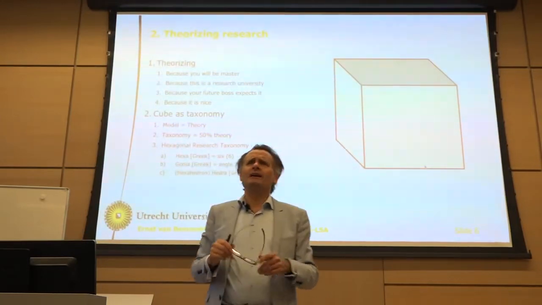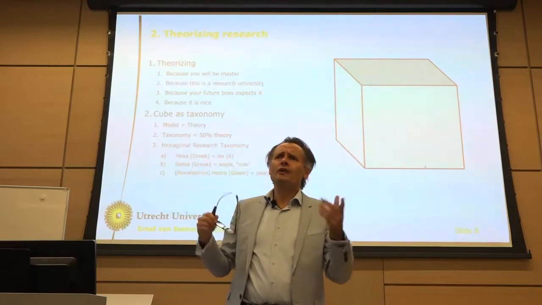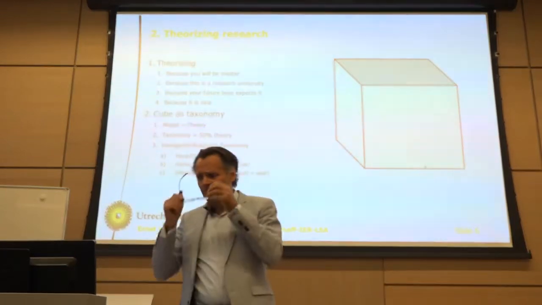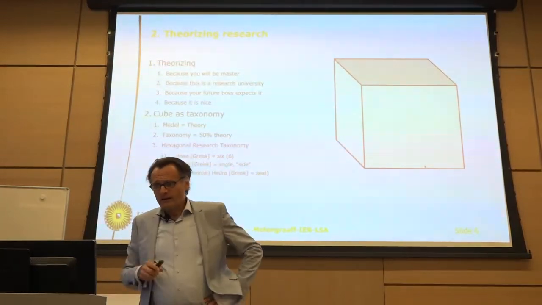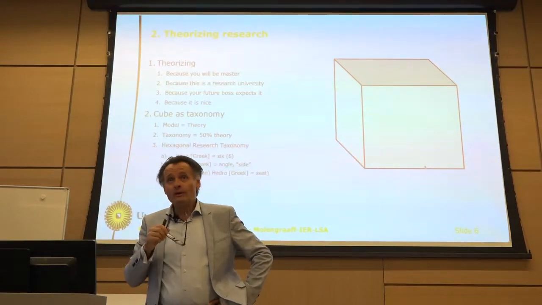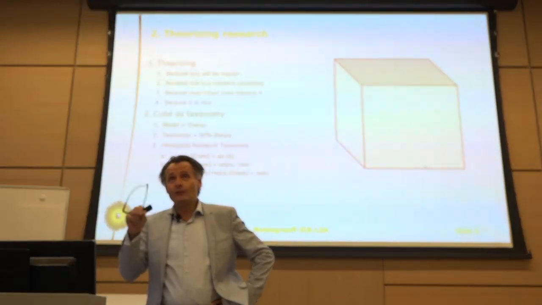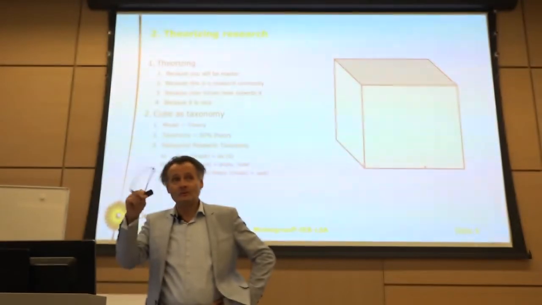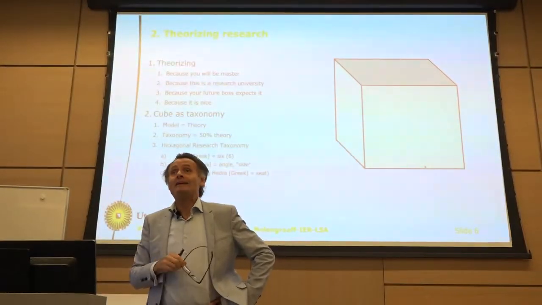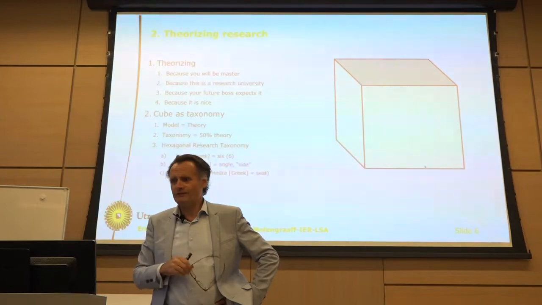And then I like metaphors, so I choose a cube. Staying with Aristotle and the Greeks, I like Greek words. They're expensive, so you get a lot of value for that in your own thesis, maybe.